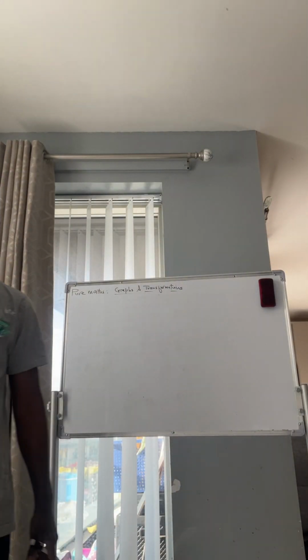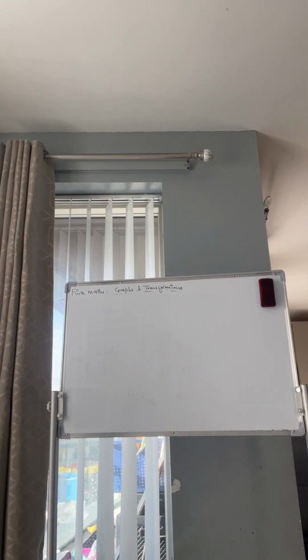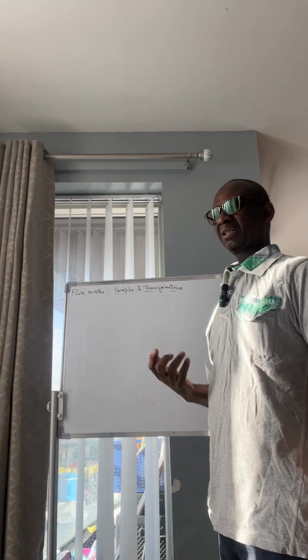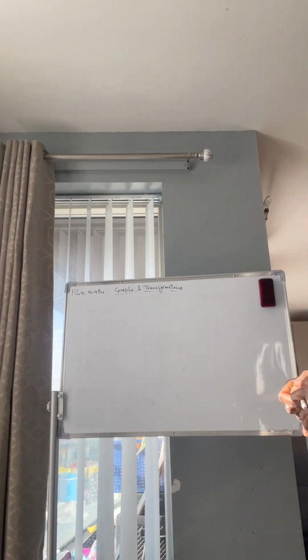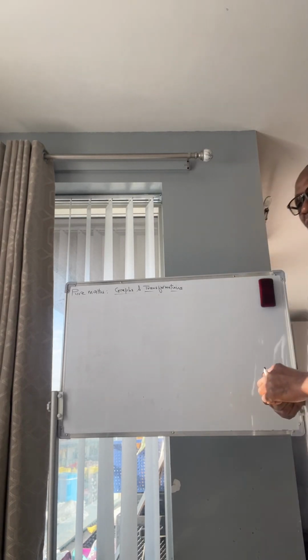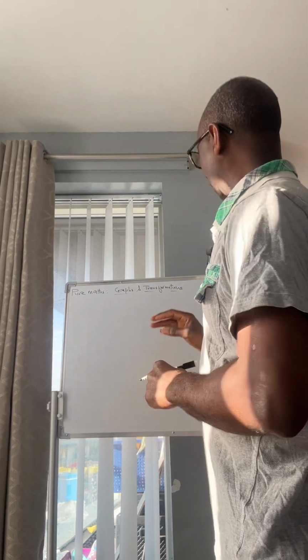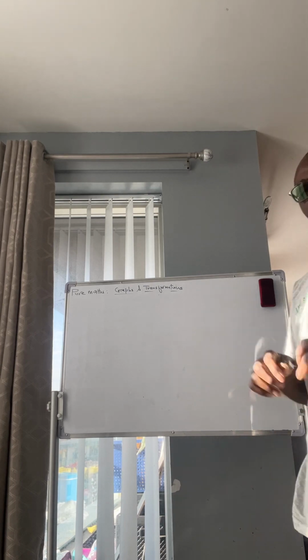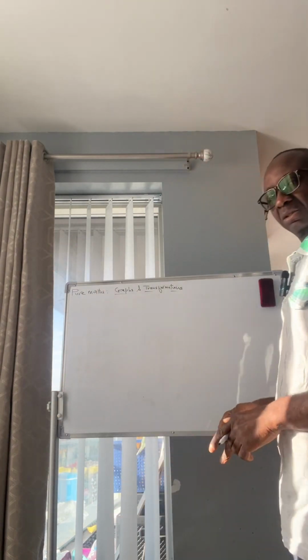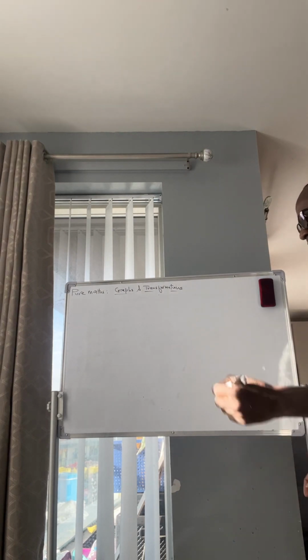Transformation of graphs or functions simply means you are given a function or a graph and then you are asked to do something to that graph, whether to translate it on the x-axis, or translate it on the y-axis, or stretch the graph, or shrink it. That's what we mean by graph transformations.